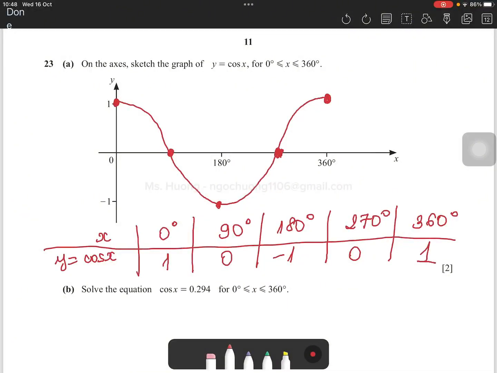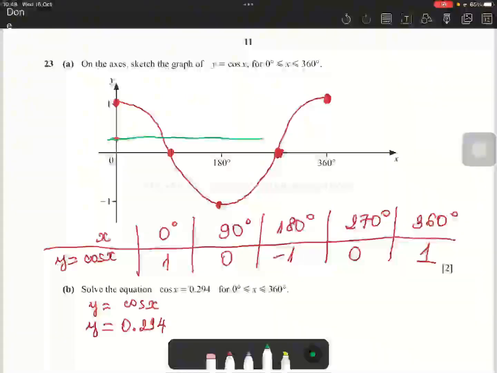B. Solve the equation cos of x equals 0.294. To solve this equation, you need to know that you have two lines, y equals cos of x, which is what we just finished, and now we draw the line y equals 0.294. 0.294 is around here, so I will draw the line.